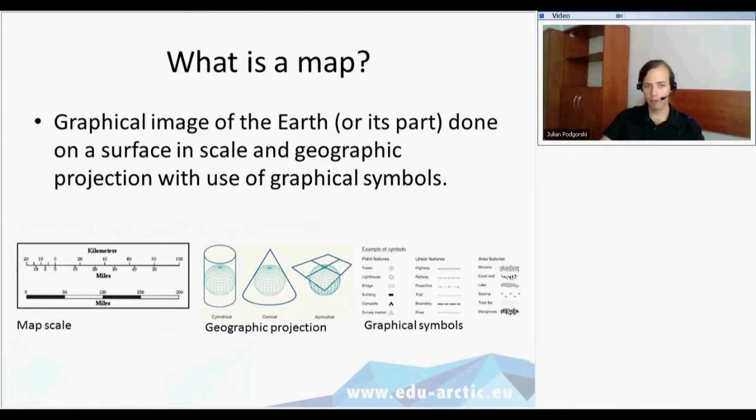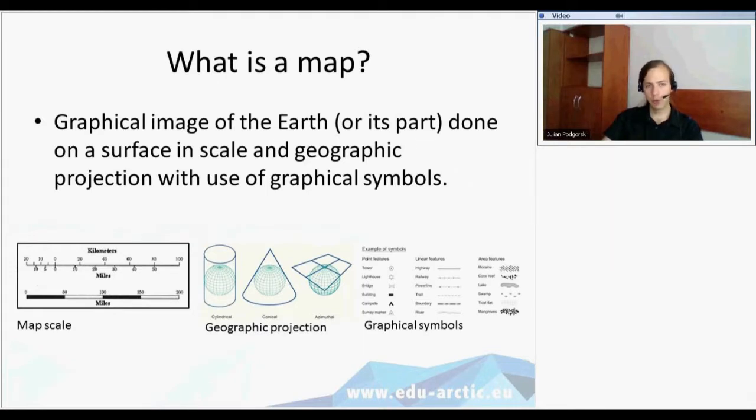So we can have a map of Mars as well. That is done on a flat surface, such as a piece of paper or a screen of a computer, in a scale, so that it's smaller than the real world, and with geographic projection. We will talk a little bit about this one later, and with use of graphical symbols.